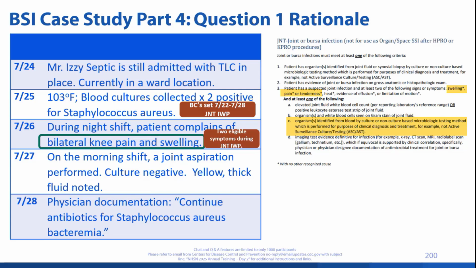Because the patient had 2 eligible symptoms and they had positive blood cultures for Staph aureus, a joint 3C is cited. The patient could not meet joint 1 because the joint fluid culture was negative on 7/27.